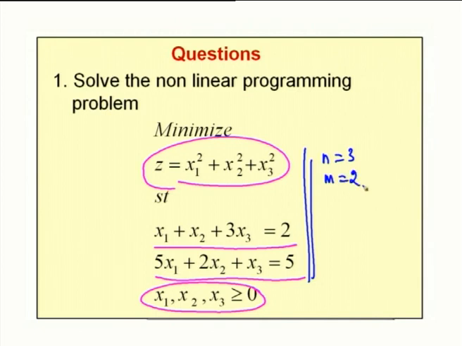The given nonlinear programming problem involves 3 variables, therefore n equal to 3, and 2 constraints, therefore m equal to 2. Now, in order to minimize this objective function, we should make use of the Lagrangian function.